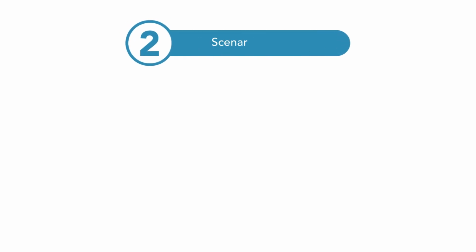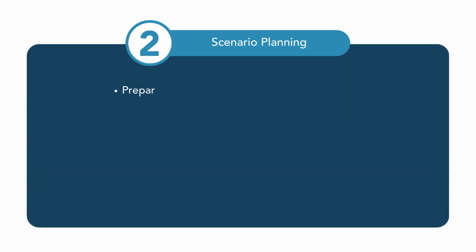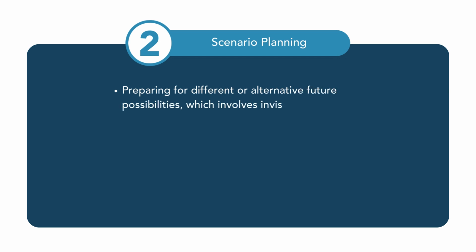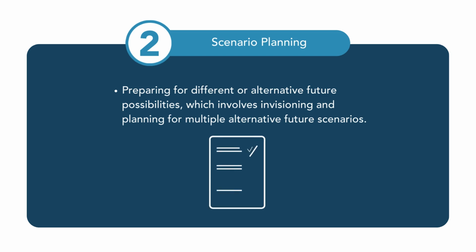The second framework is scenario planning, which is preparing for different or alternative future possibilities. This framework involves envisioning and planning for multiple alternate future scenarios or options with different uncertainties. When it comes to medical affairs, we can use this approach to anticipate and prepare for various potential outcomes that may arise in the healthcare landscape or in the disease area landscape.